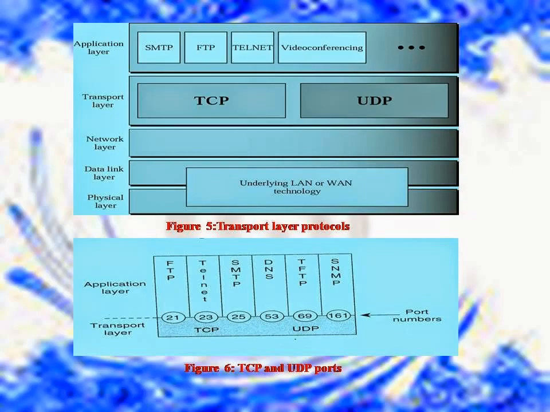TCP provides reliable data transmission between hosts, and UDP transports data unreliably between hosts. Both TCP and UDP use port numbers to pass information to the upper layers. Port numbers are used to keep track of different conversations that cross the network at the same time.